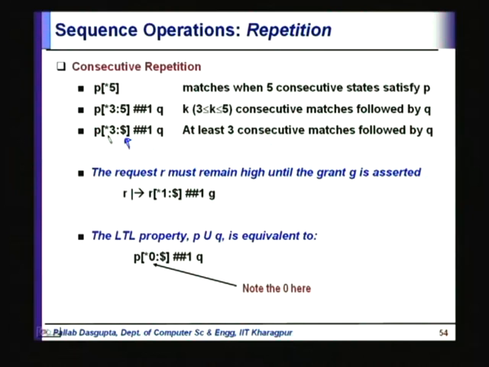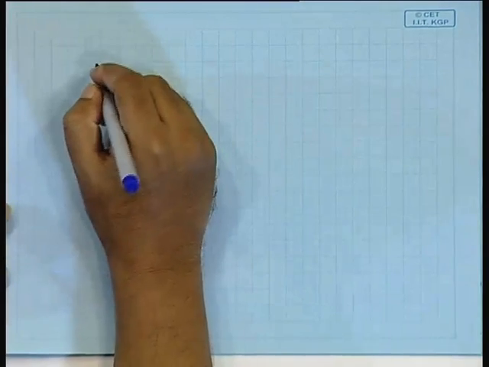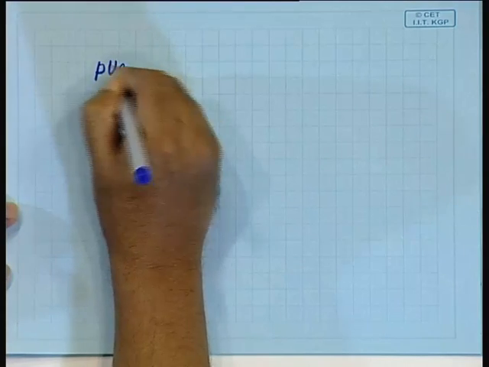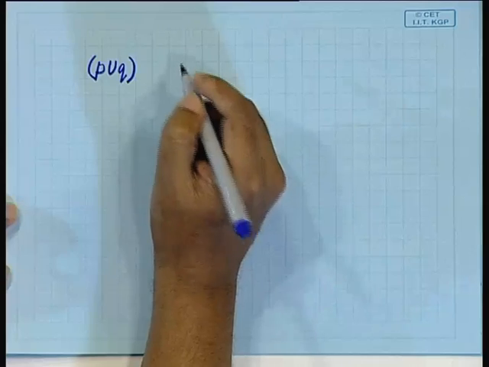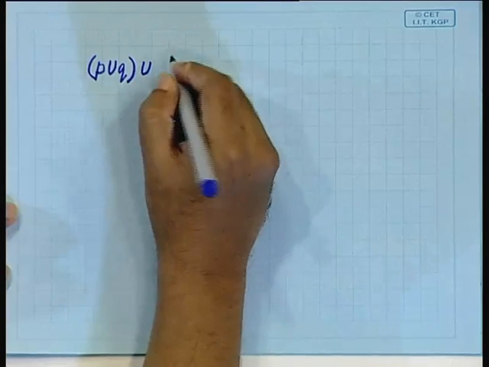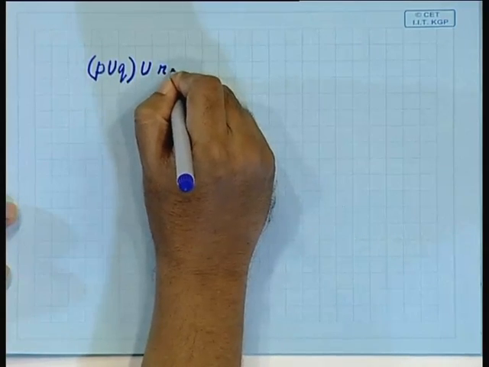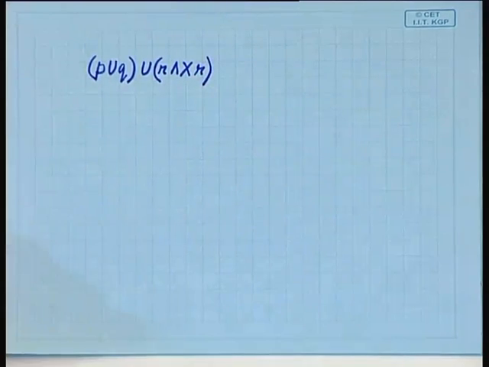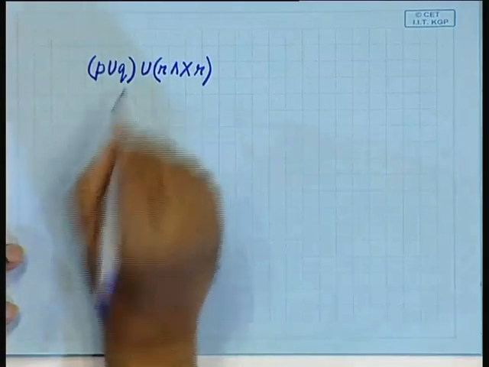Before we proceed further, there is one important thing to note. In LTL you can have things like this: suppose you have P until Q, until R and X R. Take this property. What does this mean?